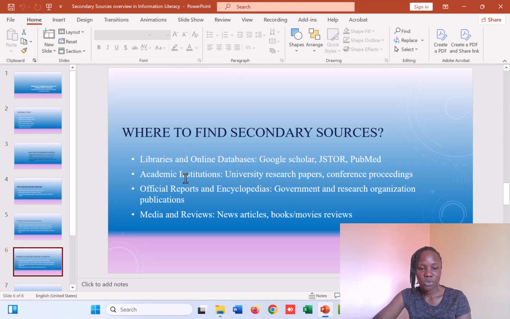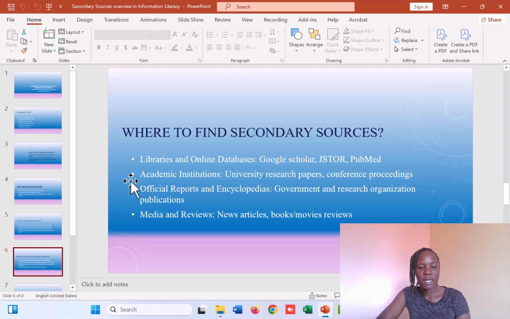You will have to ask yourself where to find secondary sources of information to expand more on what you already have. We can find secondary sources in libraries and online databases like Google Scholar, JSTOR, and PubMed, which we use to find the information that we need.